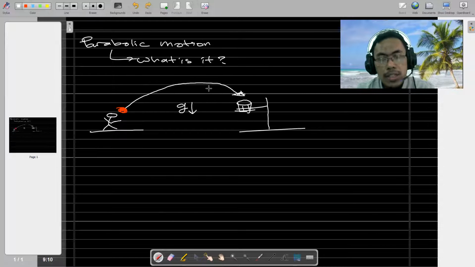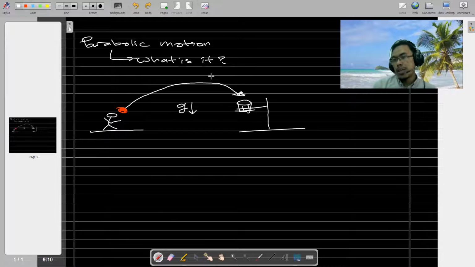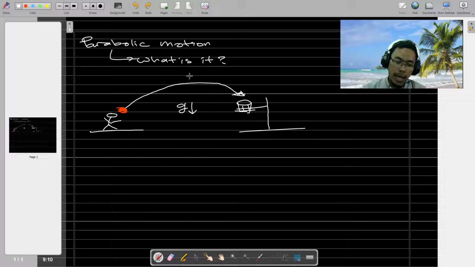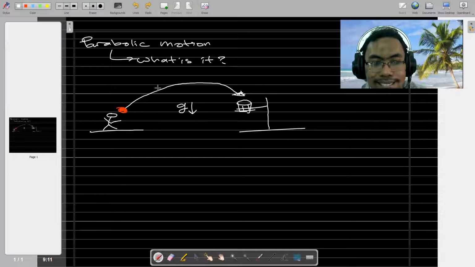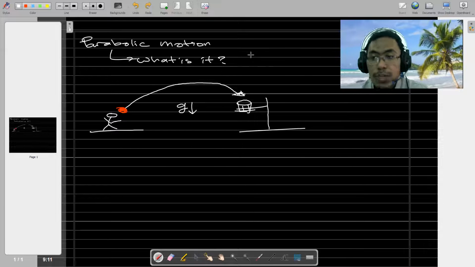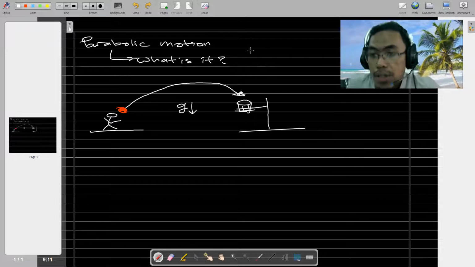But if you go into space and try to throw the same ball, the ball will not have a path like this. The ball will go off into space like this, because in space we don't have any gravitational force.